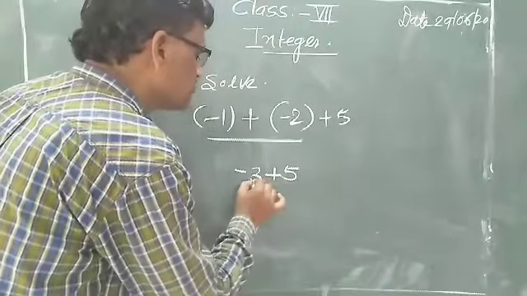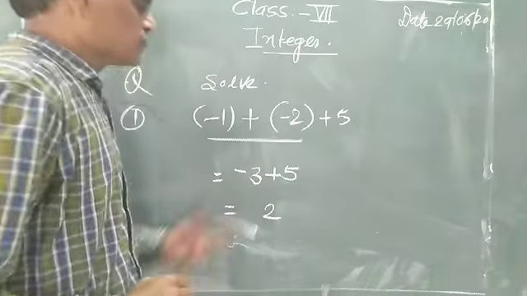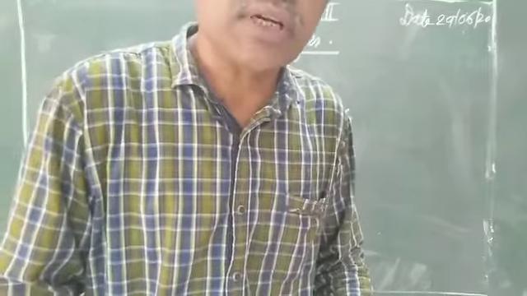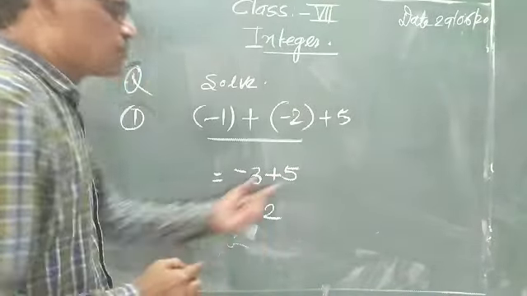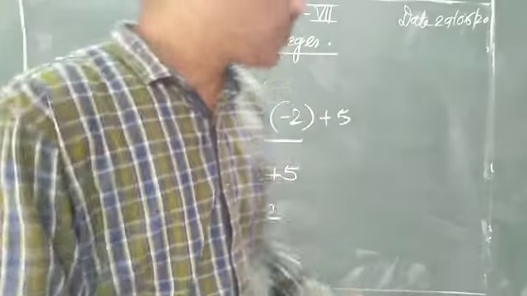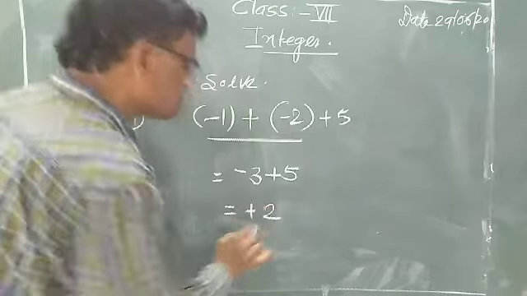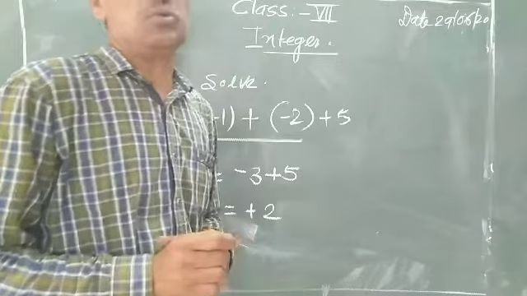The difference is 2. What is the sign of the greater number? It is the positive sign, because 5 is greater than 3. Therefore, we apply the positive sign and our answer is 2.